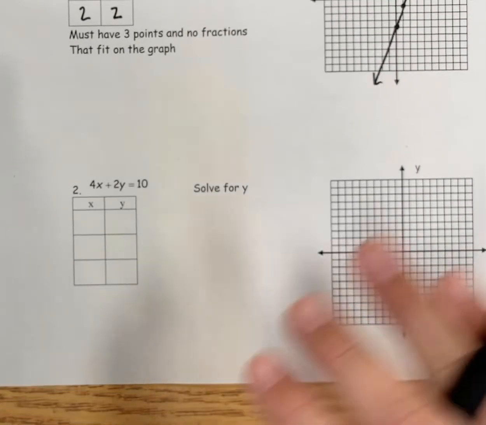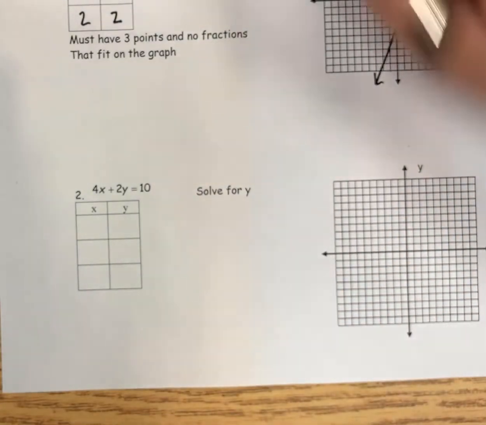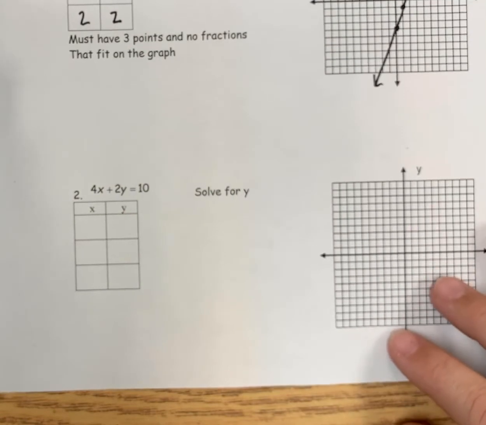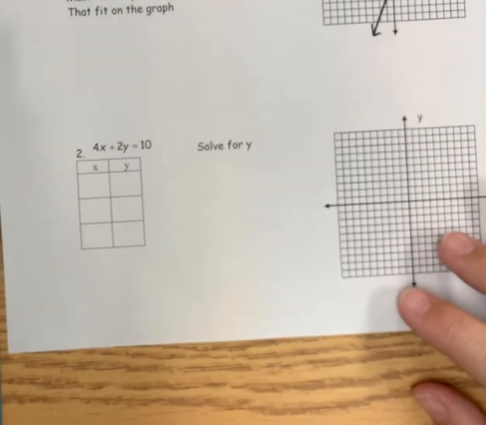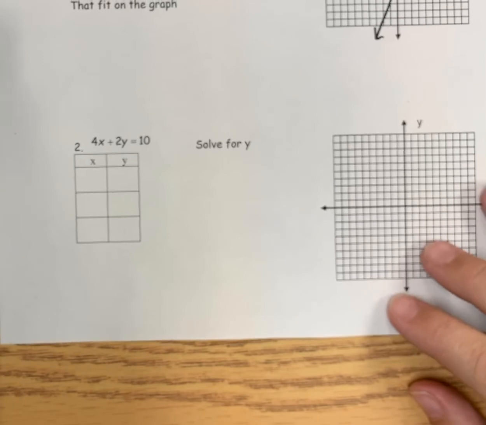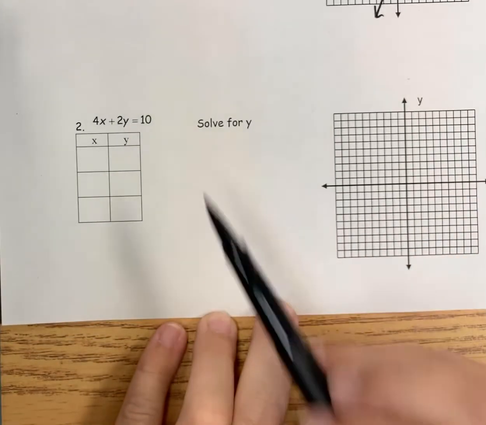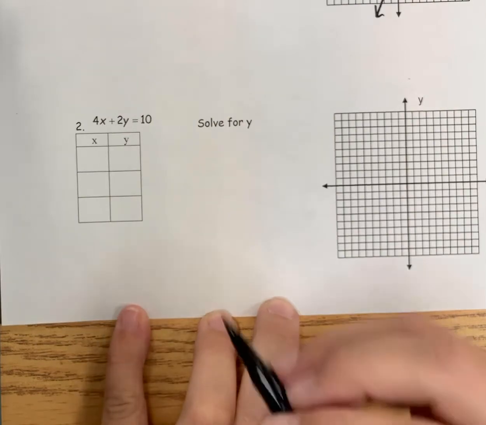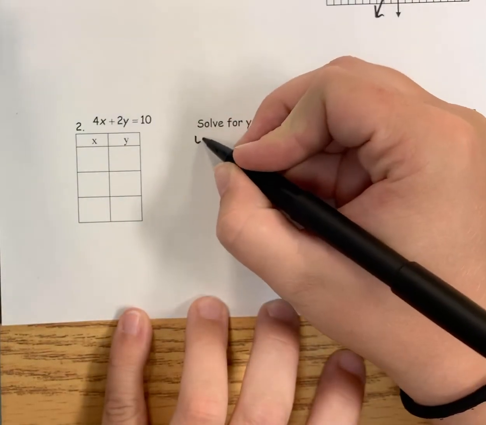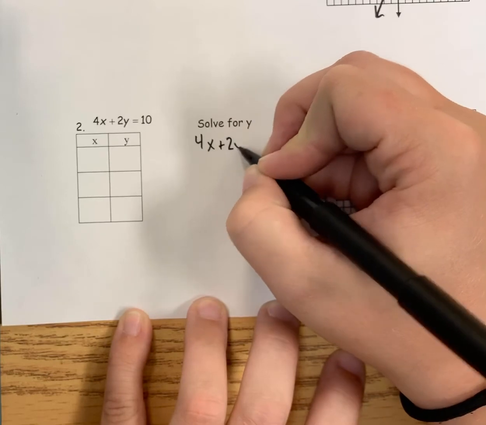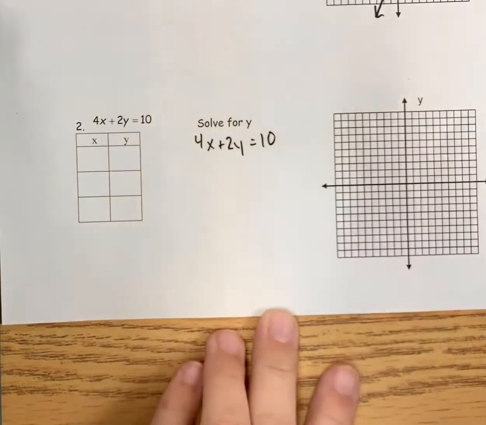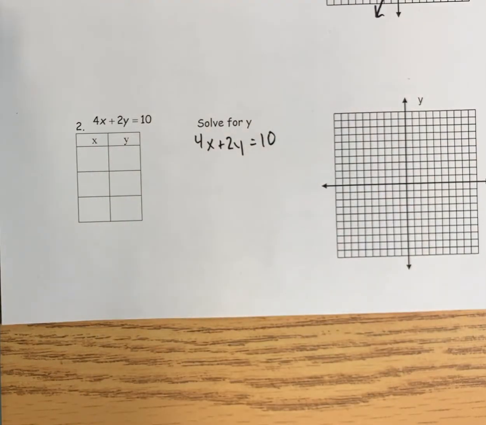So this next example we're going to look at is a little different though, because for this example, notice y is not solved for. So we need to solve for y first. So we're going to take our equation, our 4x plus 2y equals 10, and we need to solve for y.